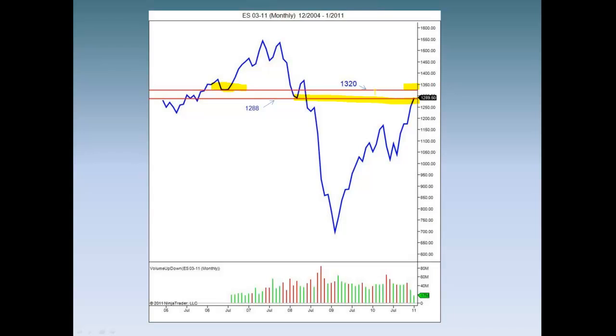Are we in fact going to be able to pierce through this entire zone and continue to move up? Or is this going to prove to be a potent resistance level that will push us back down to test our support levels? And if we test our support levels, how far down are we going to go, and which support levels will hold and which ones will not?